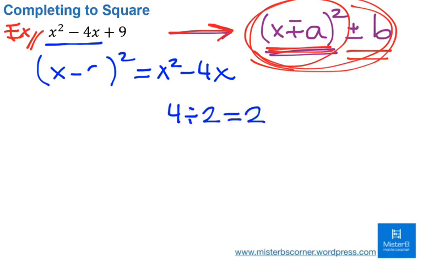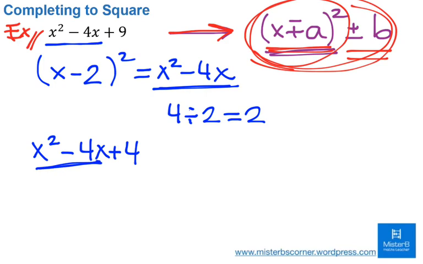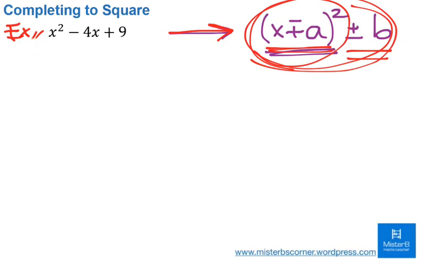So if you go like x minus 2 squared, which would be x squared minus 4x plus 4, then you would get these two terms here. So that is the key. So first, we're going to start with dividing 4 by 2. 4 divided by 2 is 2. So I'm looking for x minus 2 squared.